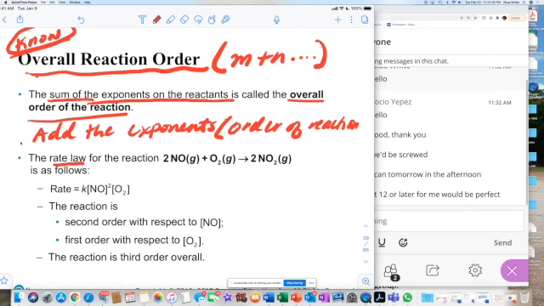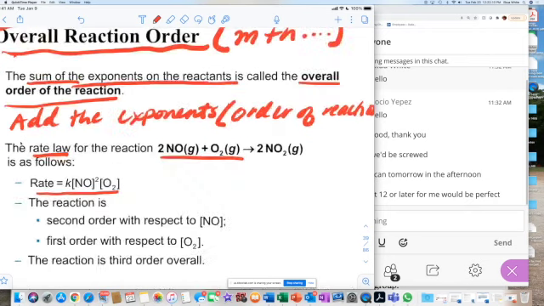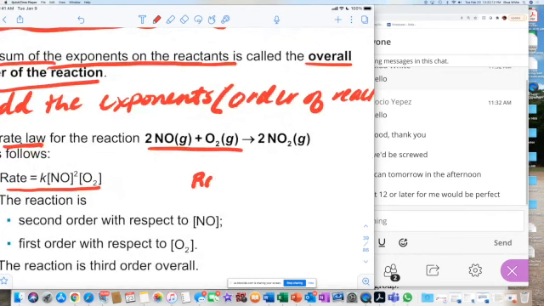Say the rate law for the following reaction is as follows. So this is a hypothetical scenario. Let's say the rate law is rate equal K times NO squared, which is second order, times O2, that is first order, right? Nothing written is implied to be 1.